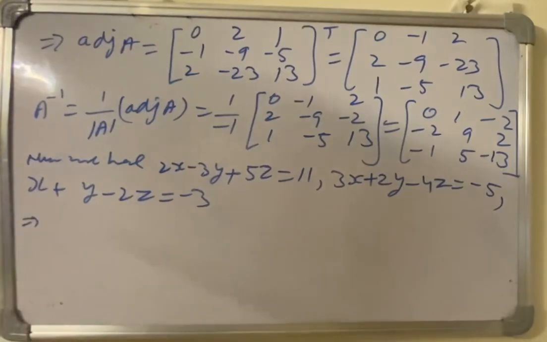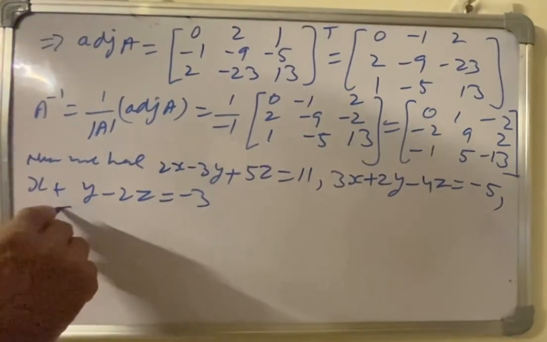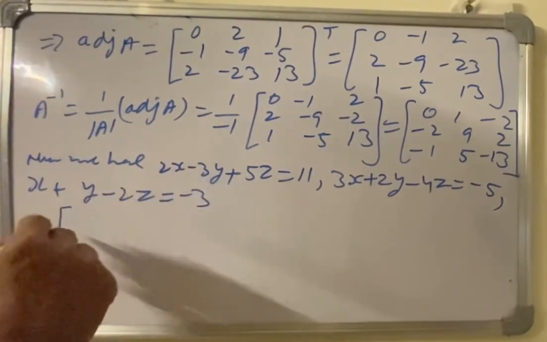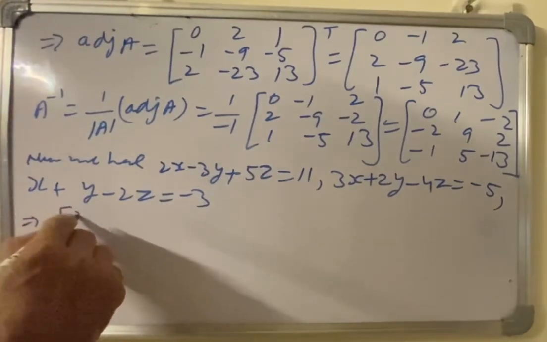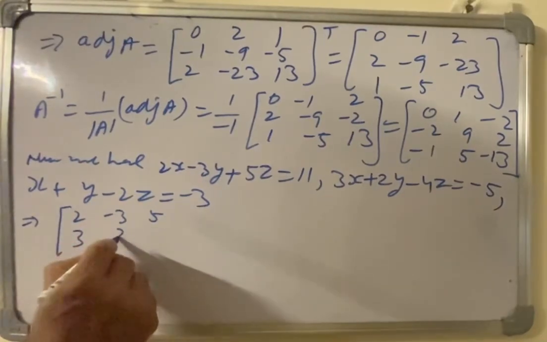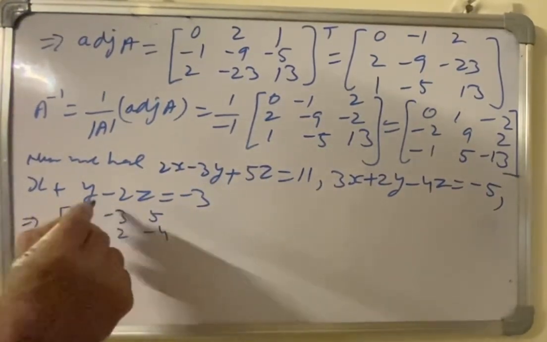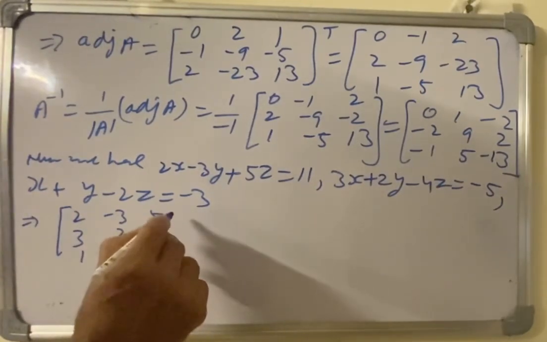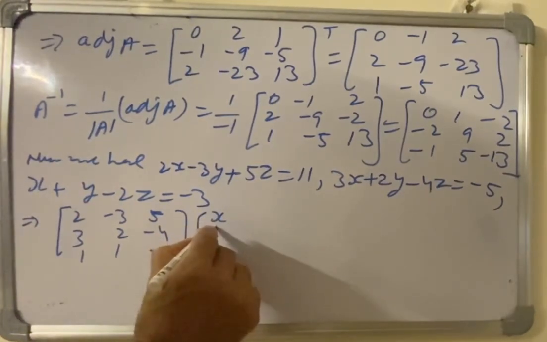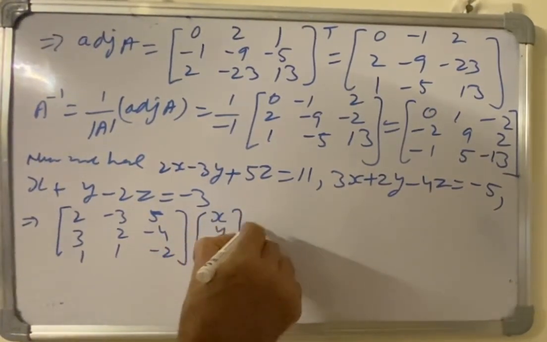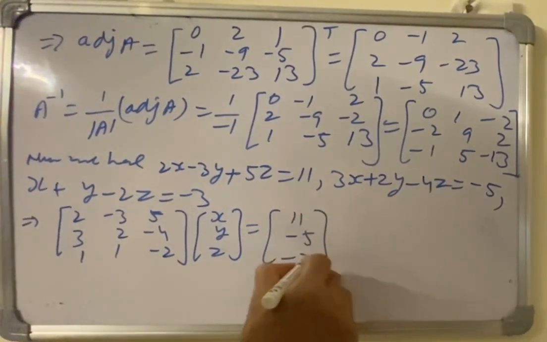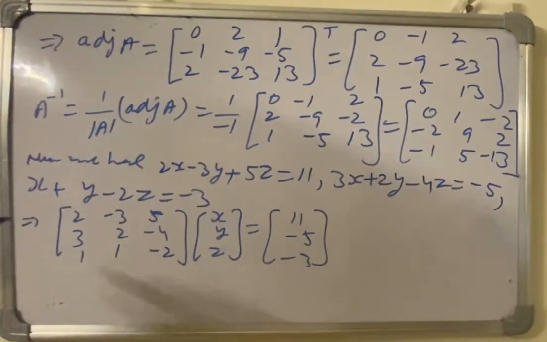We can write it in the matrix form. First of all, matrix of coefficients [2, -3, 5; 3, 2, -4; 1, 1, -2] into variable column matrix x, y, z is equal to constant matrix 11, minus 5, minus 3.